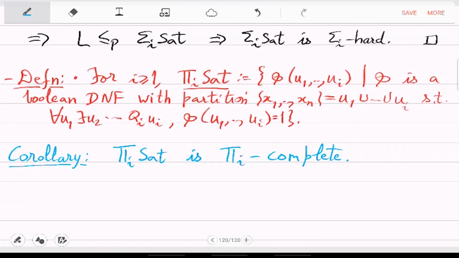Because if it existed, then PH would collapse. So that will contradict the PH conjecture. So to understand PH further, and in a better way than what we did right now, we will define PH through oracles. Okay, and that will be a more interesting description.